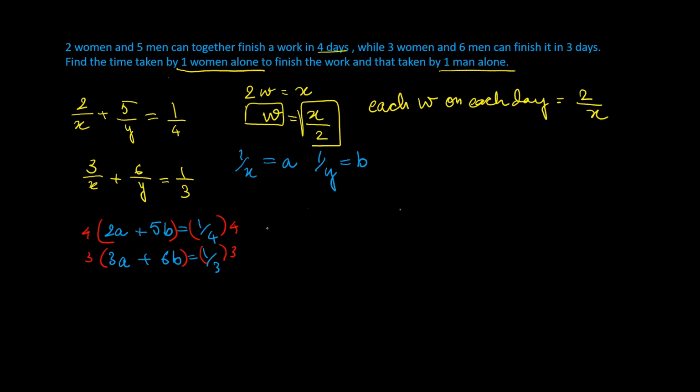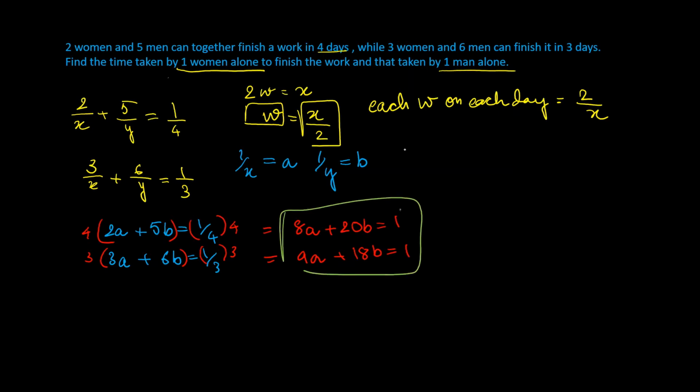So this equation is going to become 8a plus 20b equals 1, and this is going to be 9a plus 18b equals 1. Now as they both equal 1, I would like to equate these two equations. So I'll write 8a plus 20b is equal to 9a plus 18b.